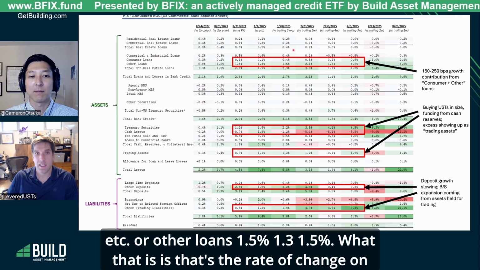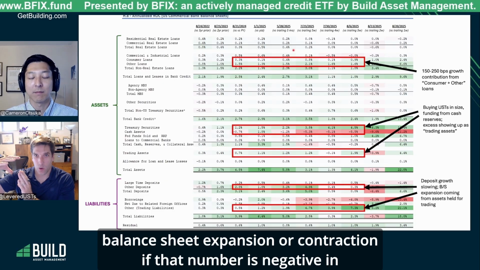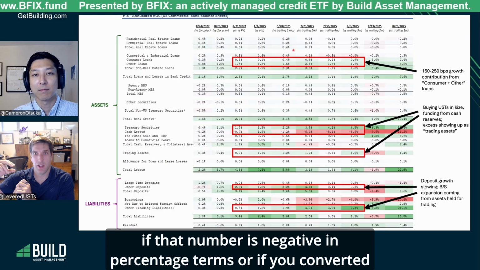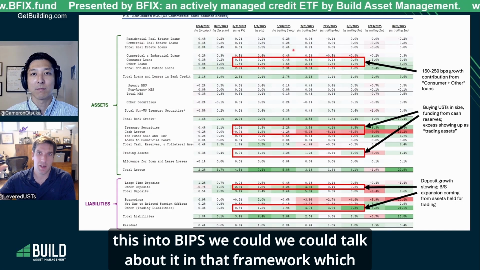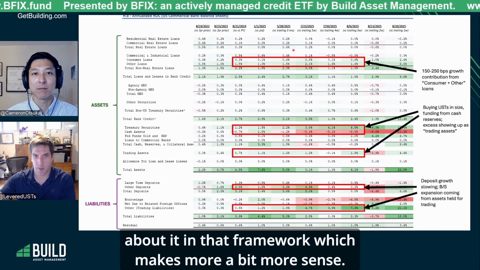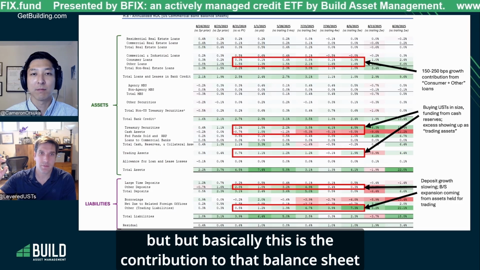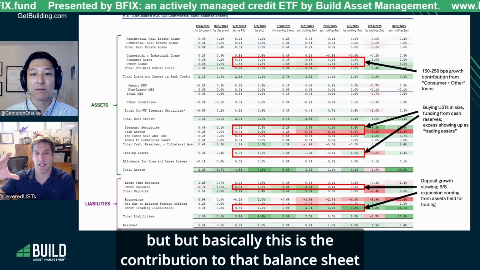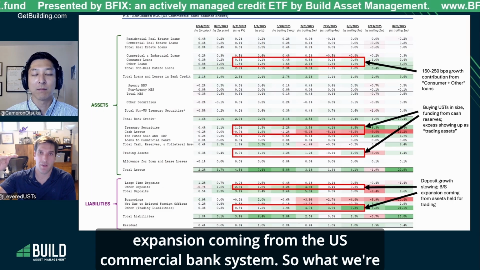That's the rate of change on balance sheet expansion or contraction, if that number is negative, in percentage terms, or if you converted this into bips, which makes a bit more sense.